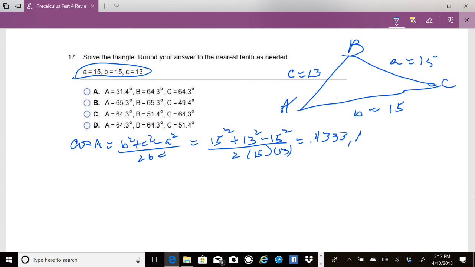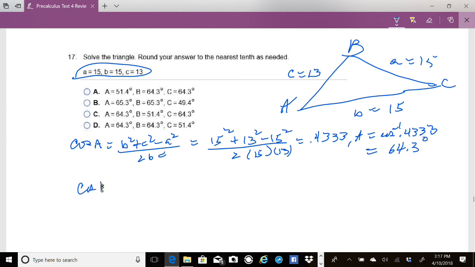So A is equal to inverse cosine of 0.4333, which is 64.3 degrees.